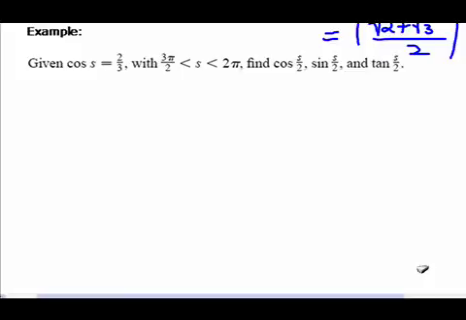Here we have the cosine of S is 2/3. We're told that S is in quadrant 4. Find cosine, sine, and tangent of S over 2. So again, we're going to probably need a right triangle over here. Cosine of S is in quadrant 4.